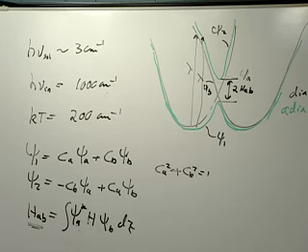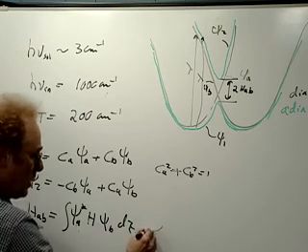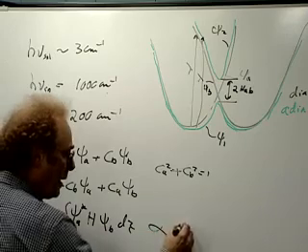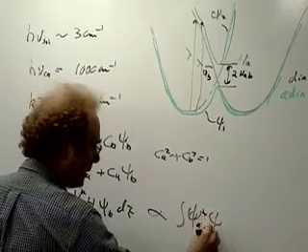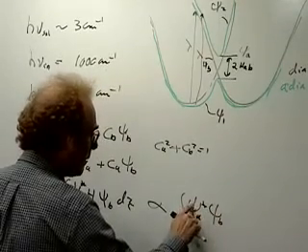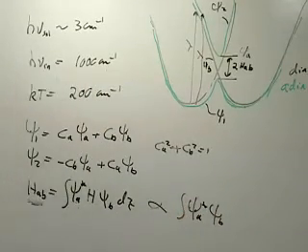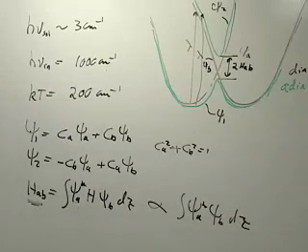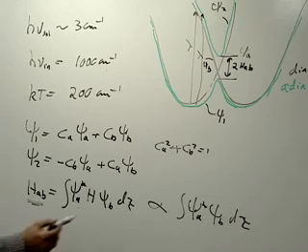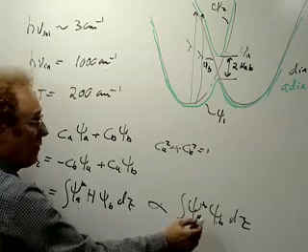Okay? And this is going to be proportional to basically the integral of psi A star psi B d tau, so that it's really controlled by the overlap of the wave functions.